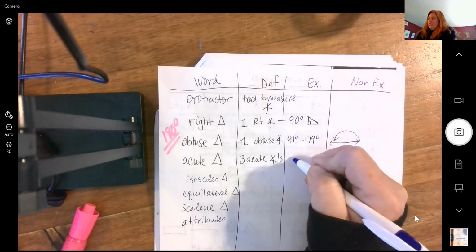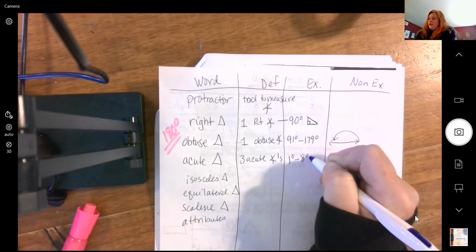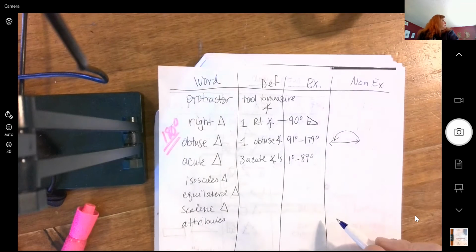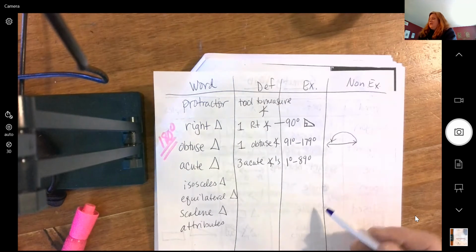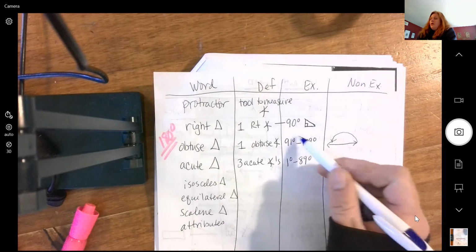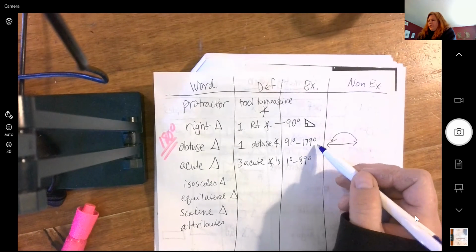An acute angle is anywhere from 1 degree to 89 degrees, so it's less than 90 degrees. All you need to remember is that 90 degrees is a right angle, an acute angle is smaller than a right angle, and an obtuse angle is bigger than a right angle.